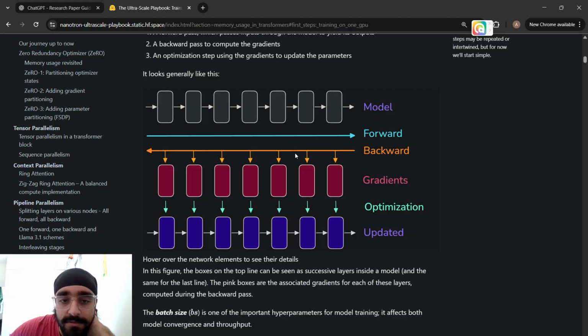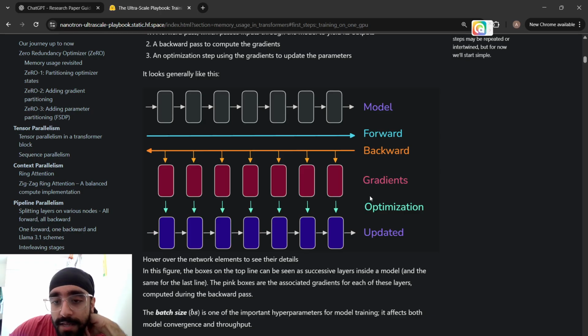We have a forward pass, we have a backward pass, and during the backward pass we calculate the gradients of loss with respect to the parameters of each layer, and also the gradients of loss with respect to intermediate tensors because we want to backpropagate the loss.